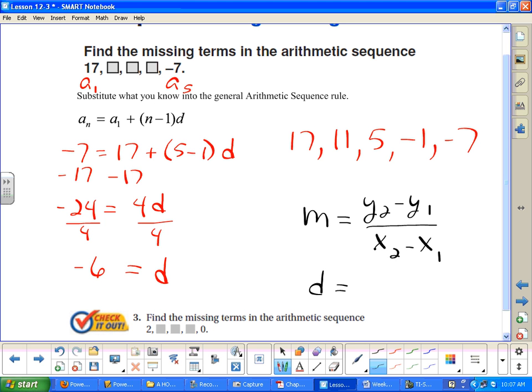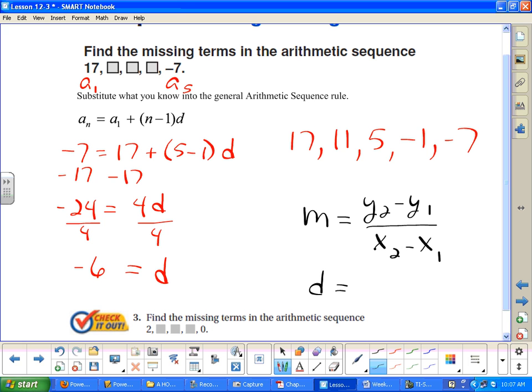We have terms, and then we have the value of each of those terms. So I have terms 1, 2, 3, 4, 5, and then the values of them: 17, 11, 5, negative 1, and negative 7. Which would be x and which would be y? X would be the term number, and y would be the term's value.